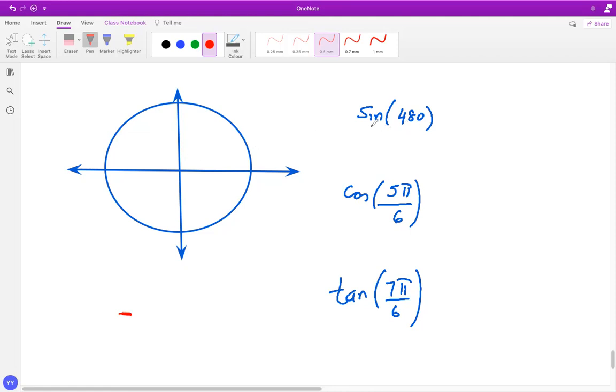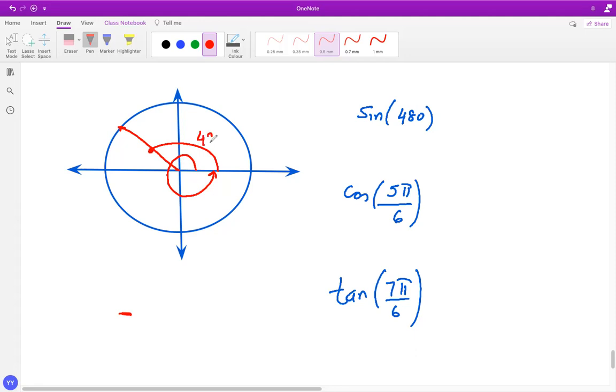So first thing is that you've got to locate the angle, which quadrant your angle is in. I'm just going to start with the first one, which is 480. So 480 is 360 anti-clockwise, and then a further 120 degrees. So actually my angle is in quadrant number 2. 360 plus 120 is 480.